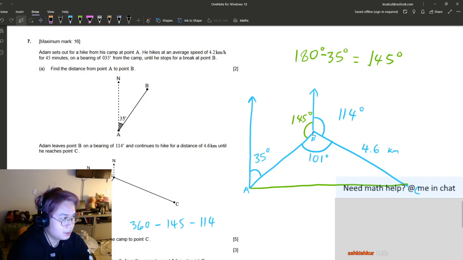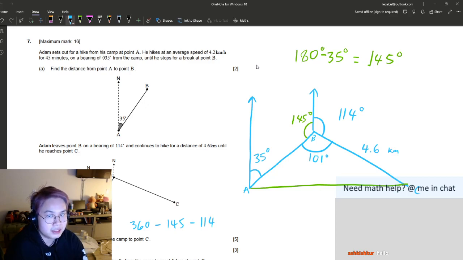We also know, or we will know, the distance from A to B. He walks at an average speed of 4.2 kilometers per hour, and then he walks for 45 minutes. So if we multiply the time and the speed together, we should get the distance that Adam walked.